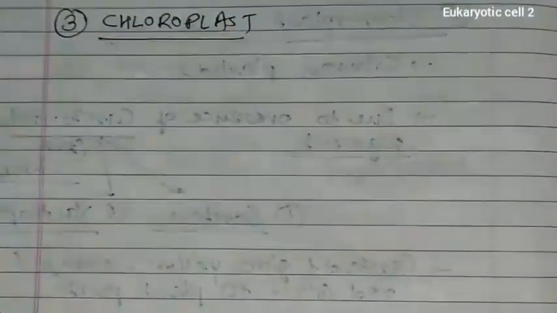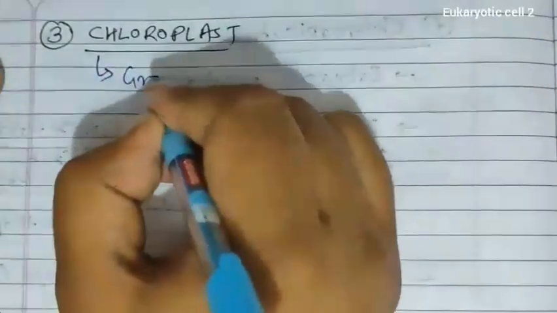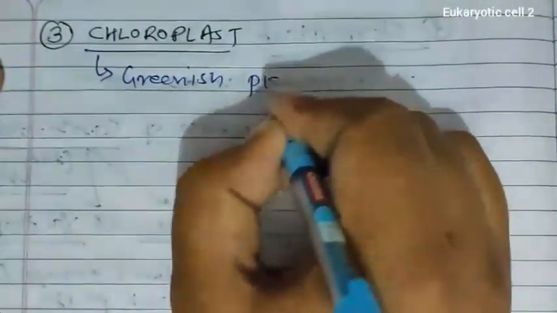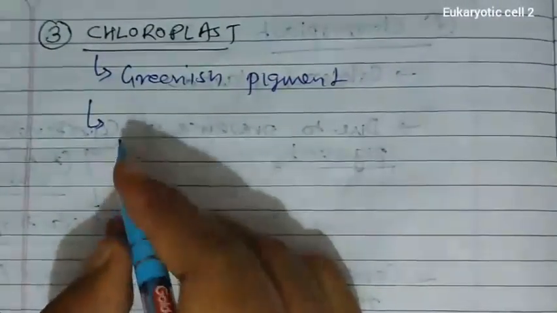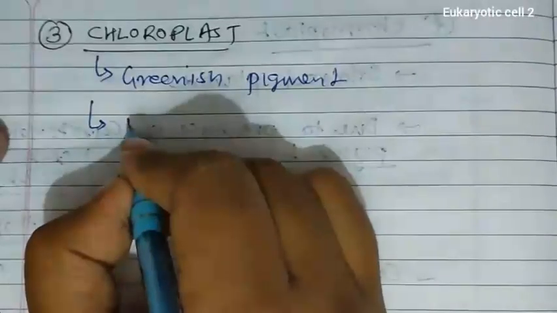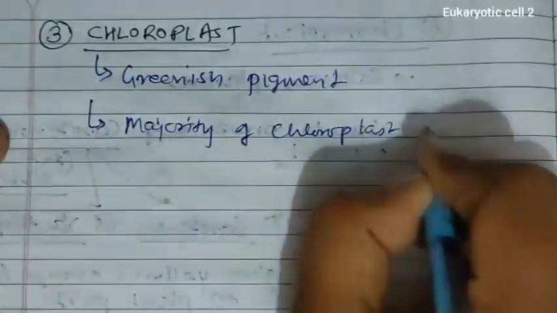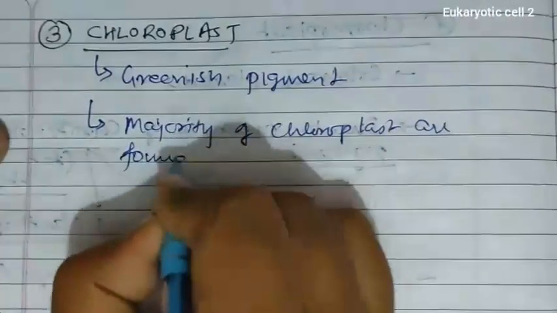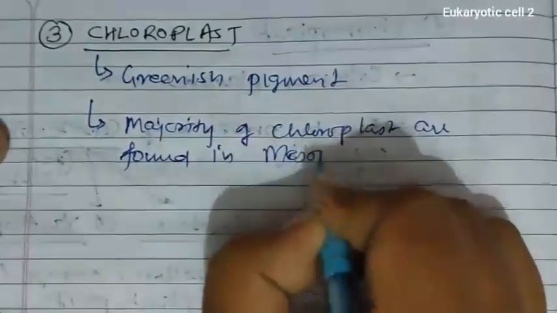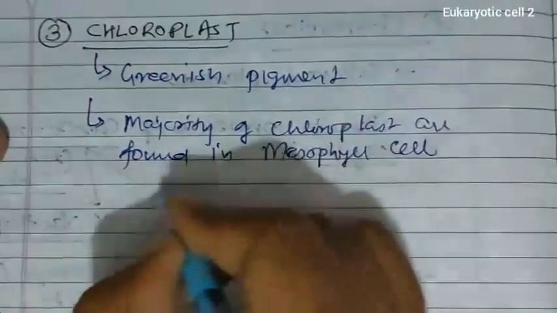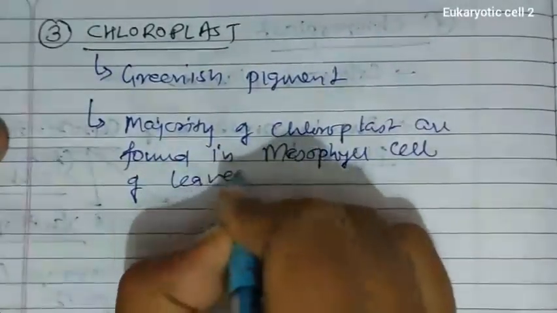Next we talk about the third type of plastid, that is chloroplast, which has one of the important pigments. Now these chloroplasts are the greenish pigment. Majority of chloroplasts are found in mesophyll cells of leaves.